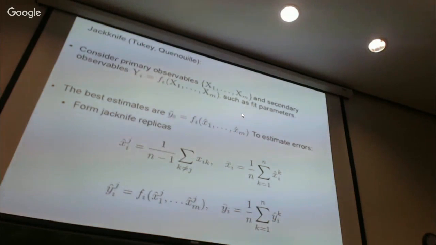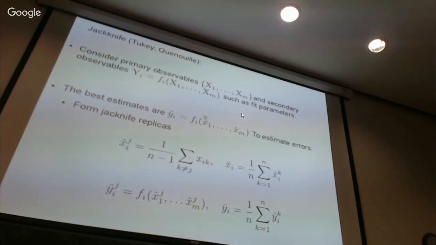So before we start discussing ways to estimate the error different from error propagation, let me just stress something that sometimes gets lost. The best estimates of these secondary observables are given simply by taking the sample means of the primaries and plugging them into this function, right?